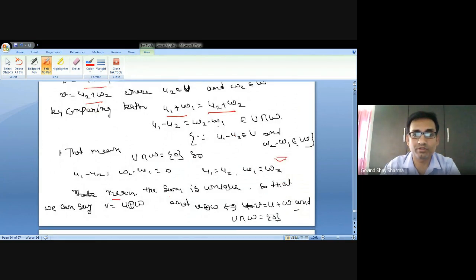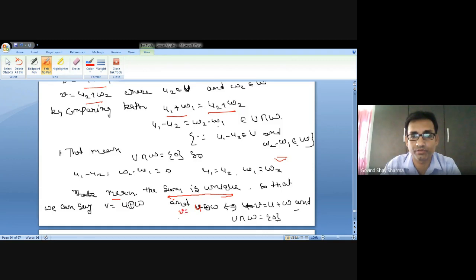That means the sum is unique because U1 and U2 are equal and W1 and W2 are equal. So we can say that V is equal to the sum of U and W. So the necessary and sufficient conditions are fulfilled, so V equal to U plus W is the direct sum.